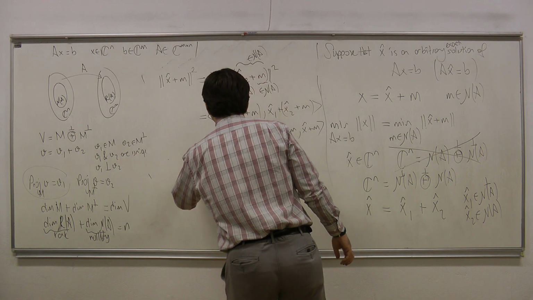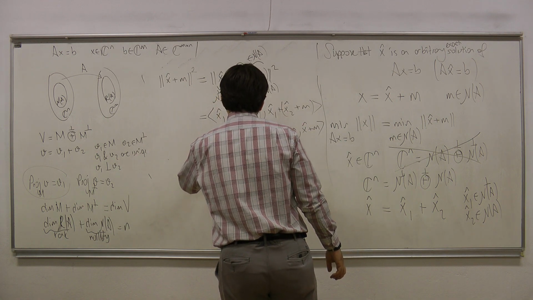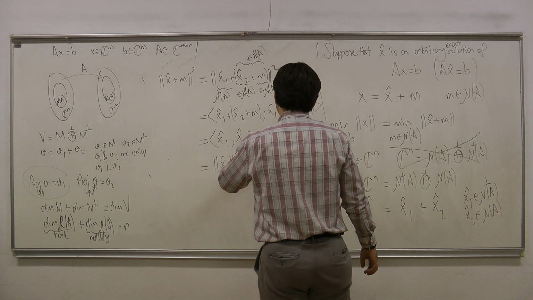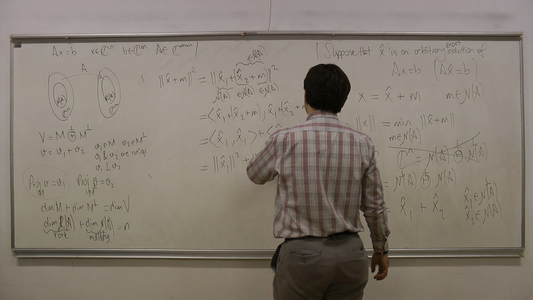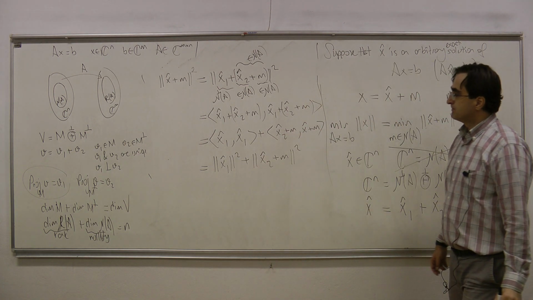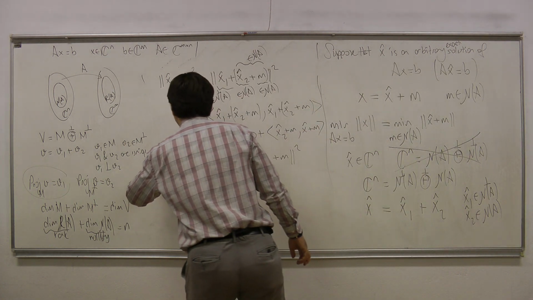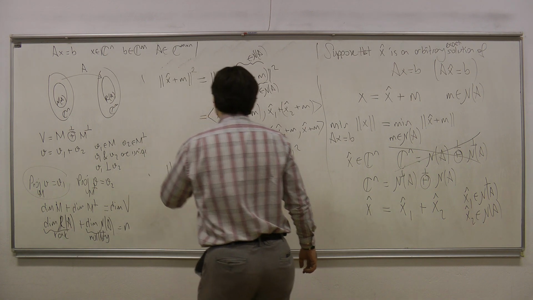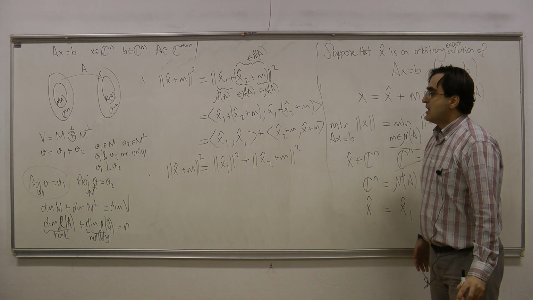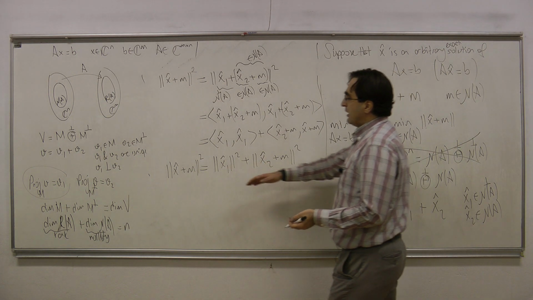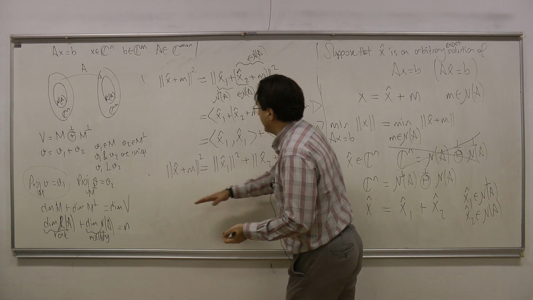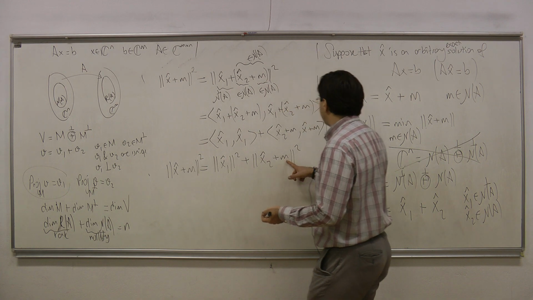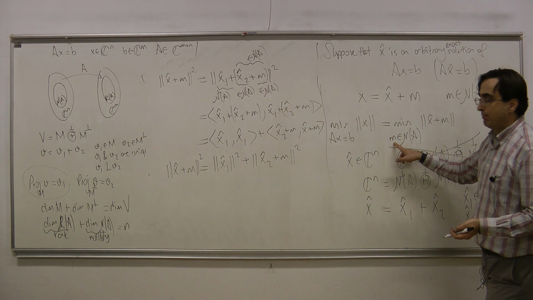And what about this x1 hat with x1 hat? It is going to be x1 hat norm square, and I would have x2 hat plus m norm square. Okay? So let me write this like this. x hat plus m norm square can be written as this sum. And you see that, again, I have written this norm square as the sum of 2 norm squares. And only one of these norm squares is dependent on the optimization variable m.